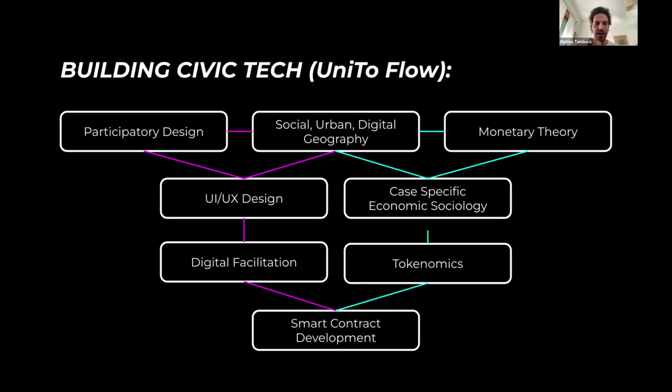These three connect together in different ways to generate cohesive, comprehensive, and shared UI/UX design and case-specific economic sociology. Then we get down into creating facilitated digital UIs and tokenomics, and then we go into smart contract development as the last step.